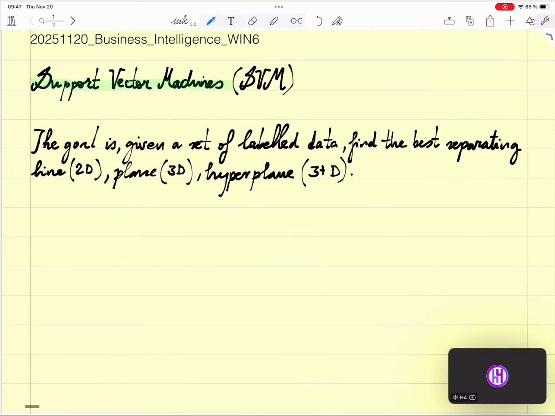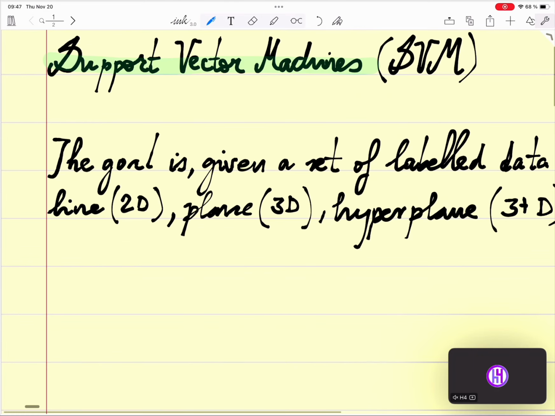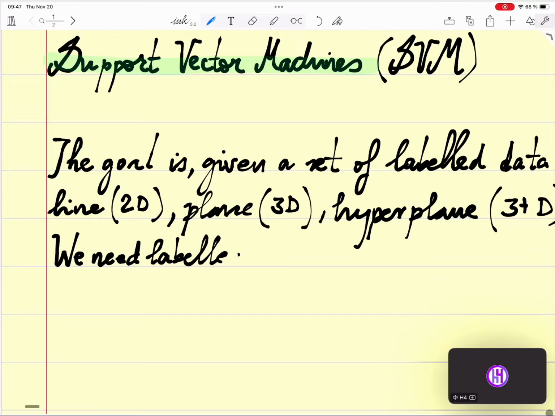For that, we need to implement support vector machines. We need, of course, labeled data. We need to know to which group the data belong.